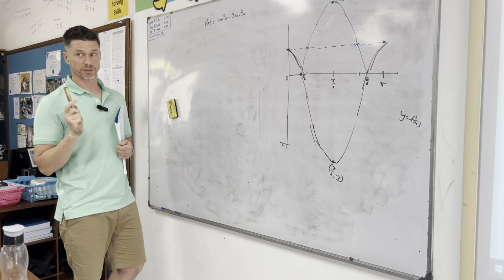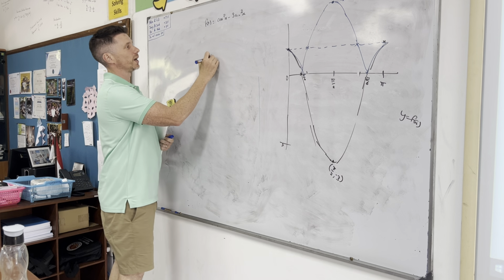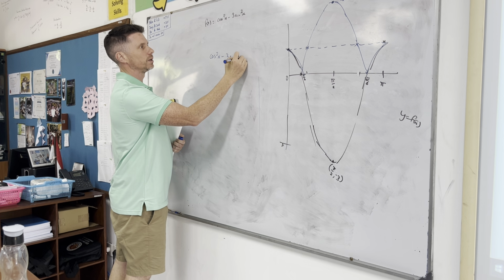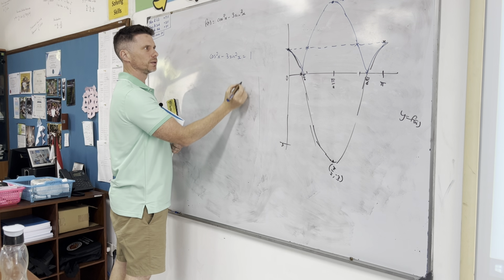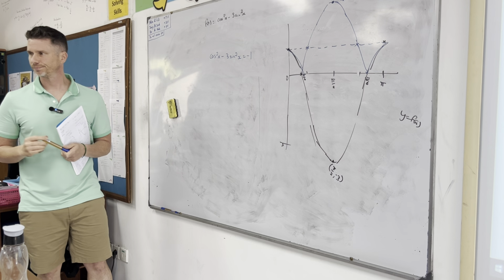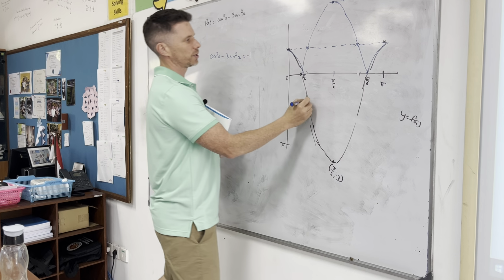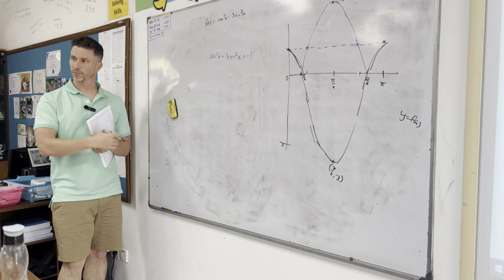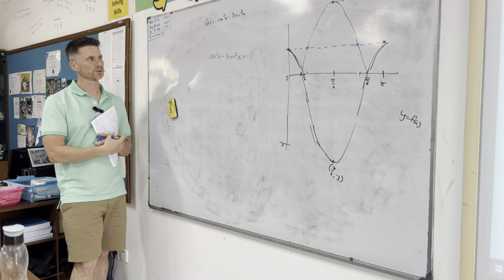The original function is in black. So I need to solve the original function equal to minus 1, because we're going to find the reflections. So we're not going to work with the absolute value, we're going to look at the original equals minus 1. It's going to be the same answers.